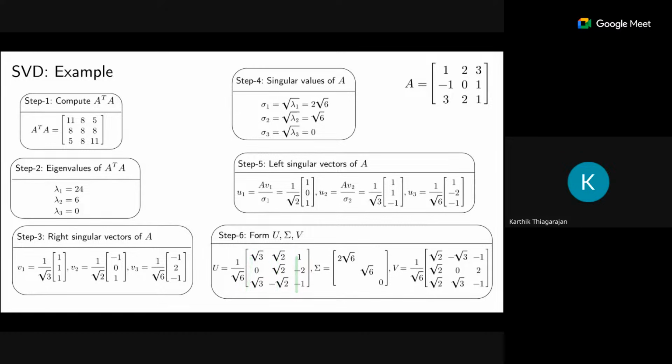We are taking 1 by √6 outside, so √3 by √6 is √2. So you will get the same thing.